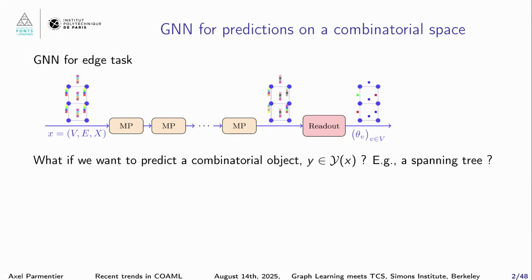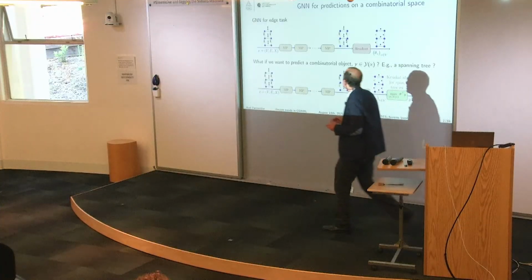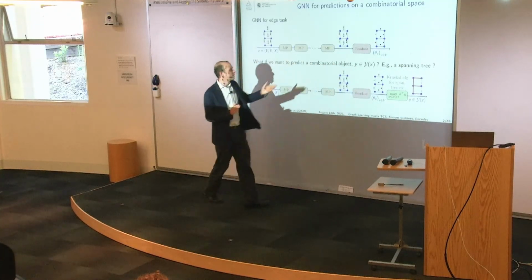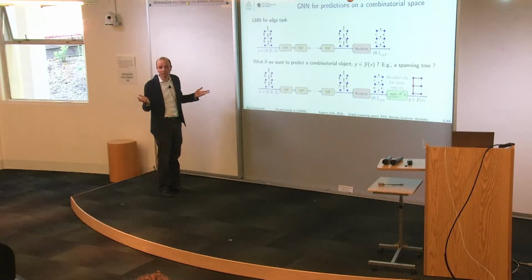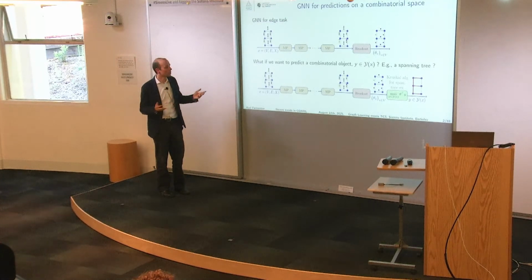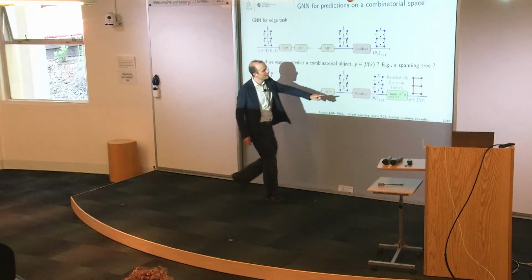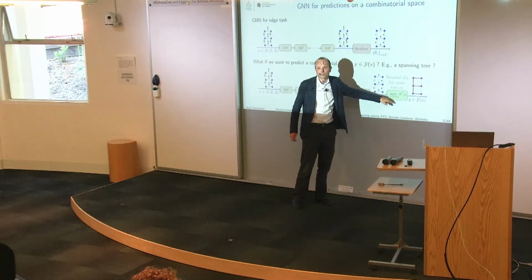So for instance, we may want to predict, let's say, a spanning tree on the graph. And the question is, how do we do that? And the way we have been doing that for a while now is that we have used a different kind of readout layer. If we want to predict, for instance, a spanning tree with our graph neural network, what we are going to do is to introduce at the end a combinatorial optimization algorithm.